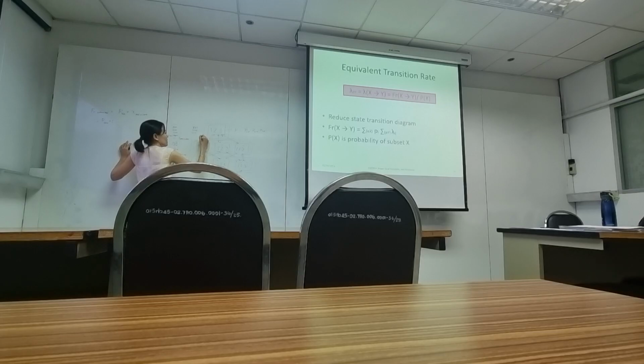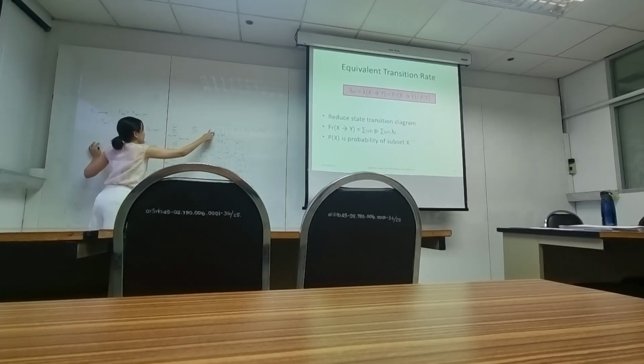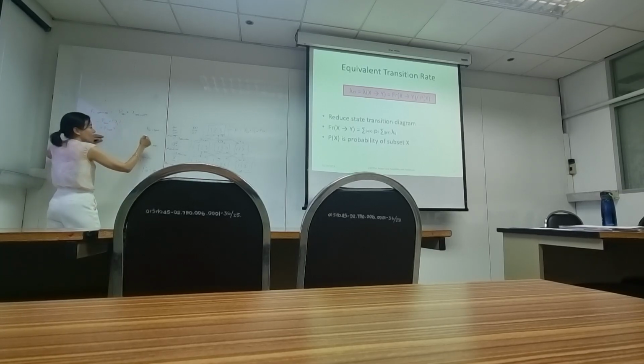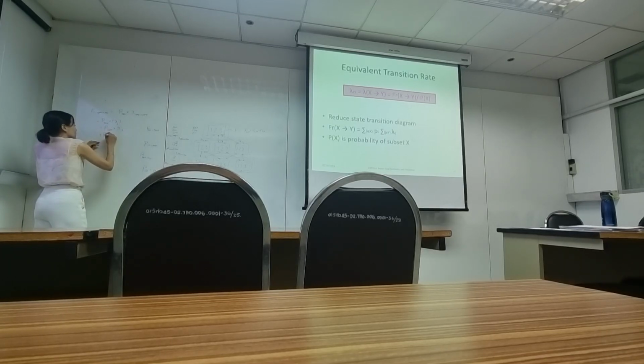Let's say this is lambda 1, this is lambda 2, and lambda 3, right? So this is actually the probability here times lambda 1, plus the probability of 300 multiplied by lambda 2, plus the probability of 300 times lambda 3.